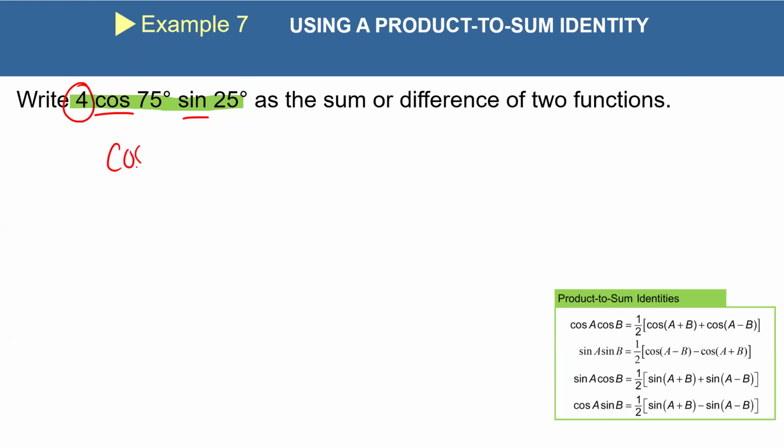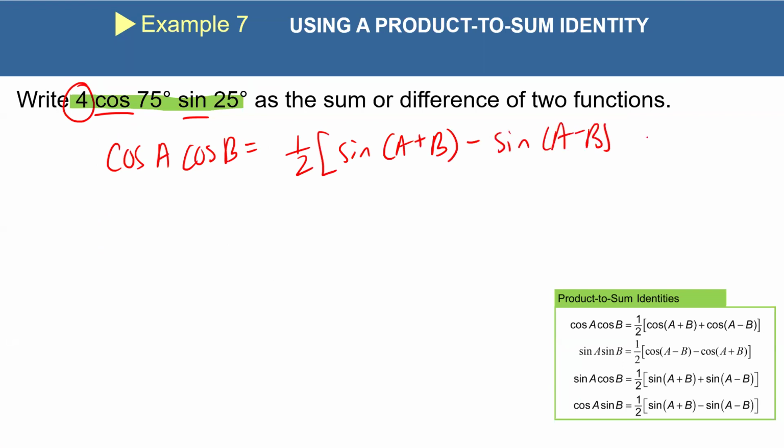So we're going to be using cosine of A times sine of B is going to equal 1/2. We're going to substitute our values in a minute. Minus sine of A minus B. Okay, but we need to make this side equal to 4.